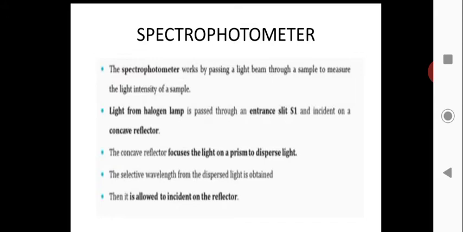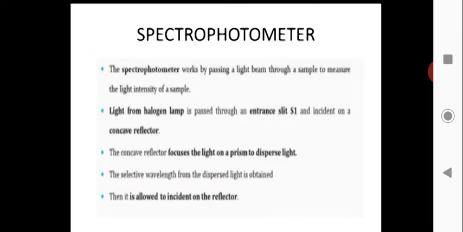Say if the sample consists of more red blood cells, these red blood cells may absorb this particular wavelength of the light, so the absorption may increase. That is why what we receive from the sample will decrease. Like this we can find out.